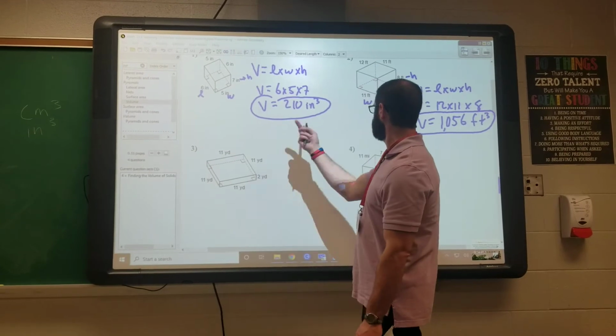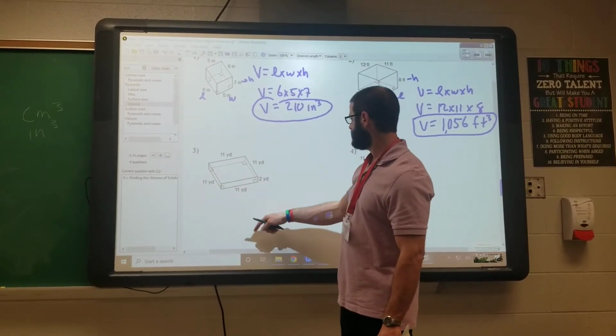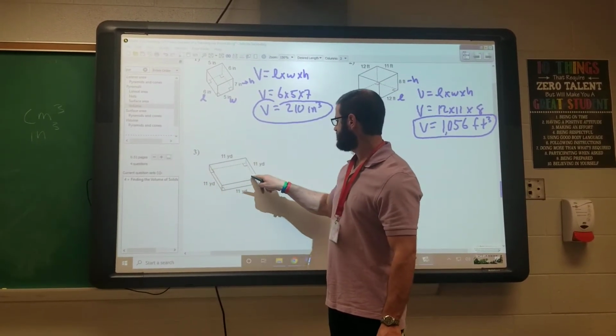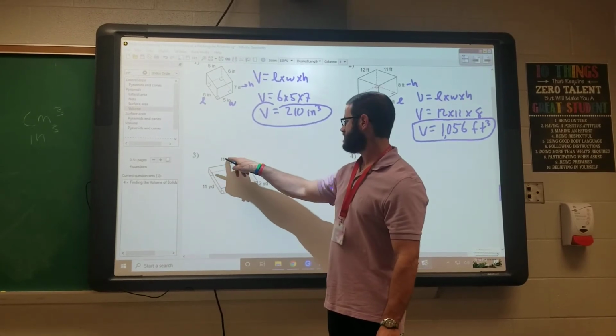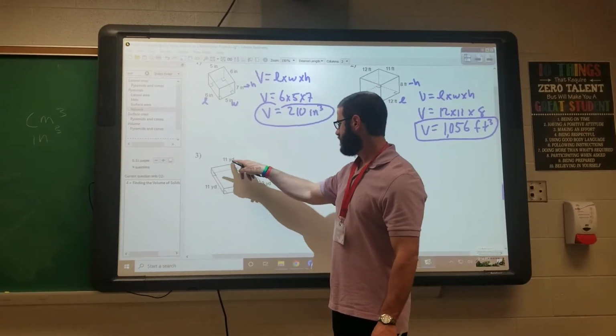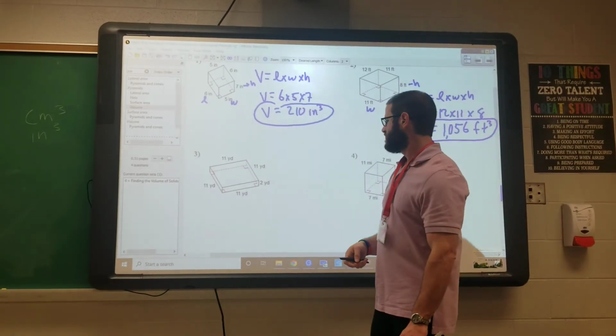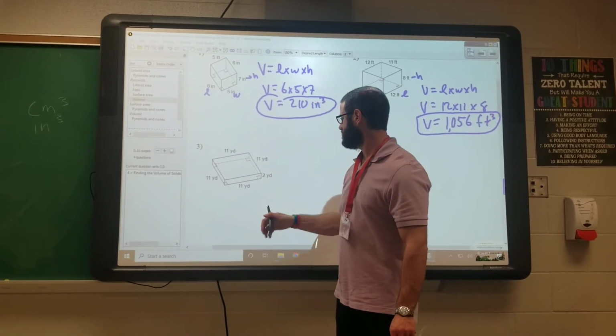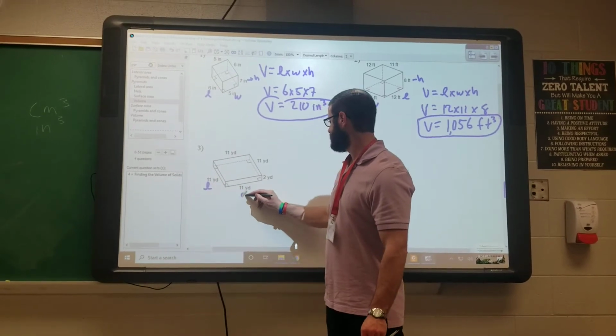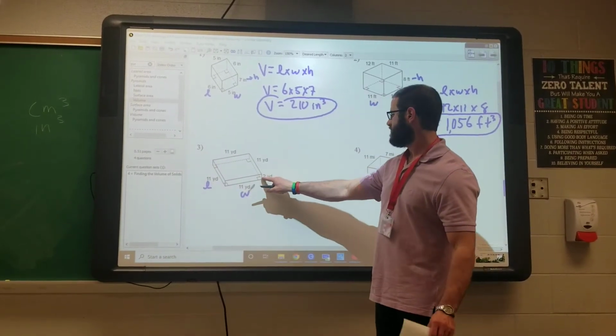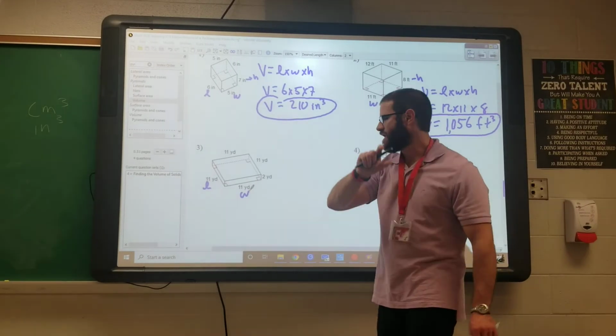Next one. Again, this is still a rectangular prism, but notice that the bases are actually squares. The length and width are both 11, and length and width are the same on a square. So we still use the same formula, it just so happens that our length and width are the same, and we only have a height of 2 yards. So we have a really small height on that one.